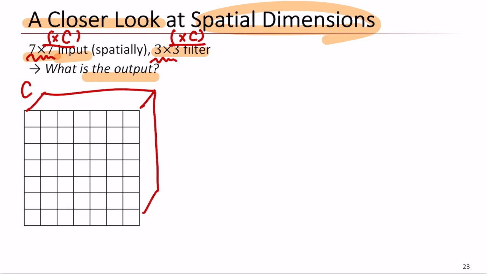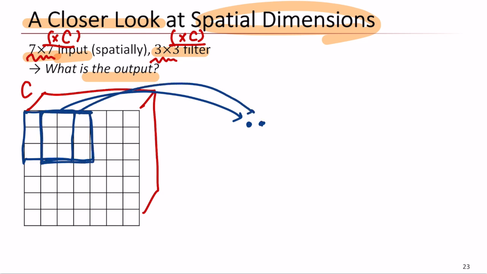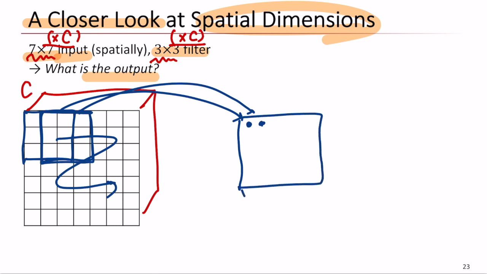For example, this 3x3 will generate one output, and the 3x3 with a different window can generate another value. By considering the whole spatial window, we are going to generate 5x5, right? If your input is 7x7 and the filter is 3x3, your output is 5x5. That's the definition.